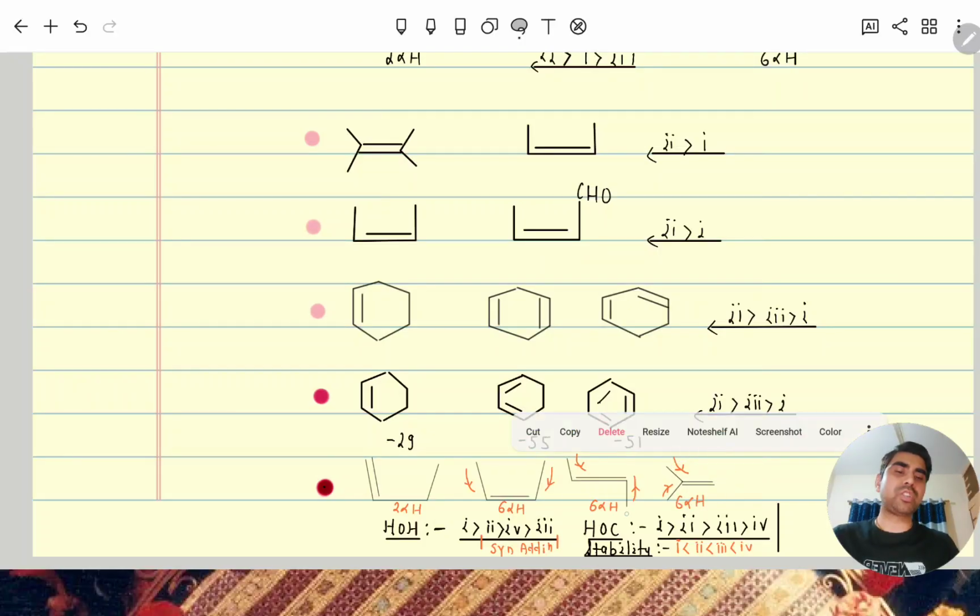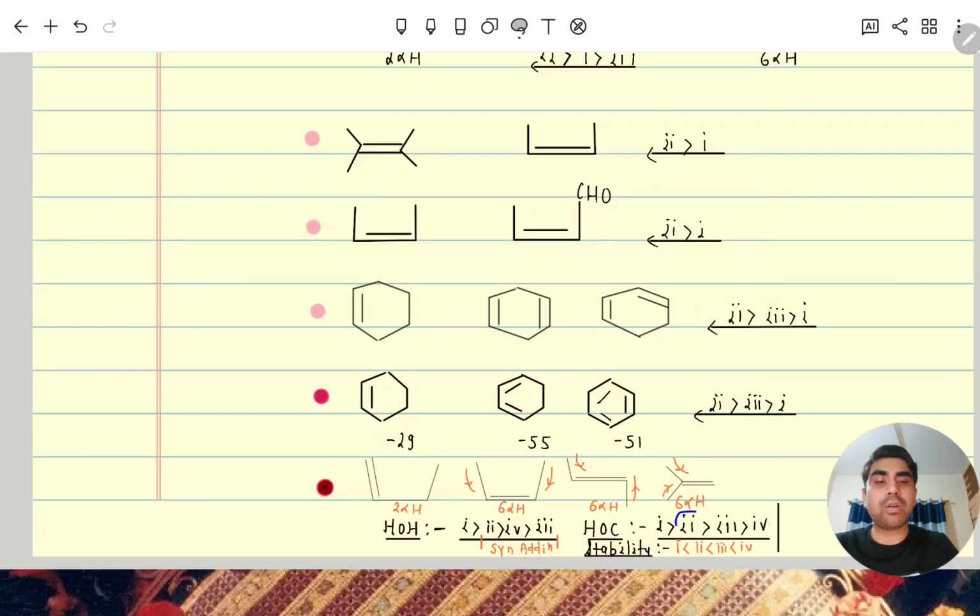If it is more stable, its heat of combustion will also be relatively less. So the heat of combustion for the fourth, you can see, is relatively less. Why? Because if it is more stable, its ignition temperature will be more, meaning y minus x. So the x value is more, so heat of combustion will be less. So the fourth will be less.